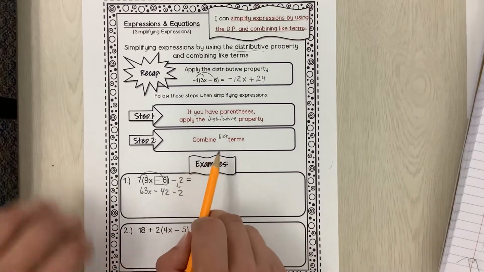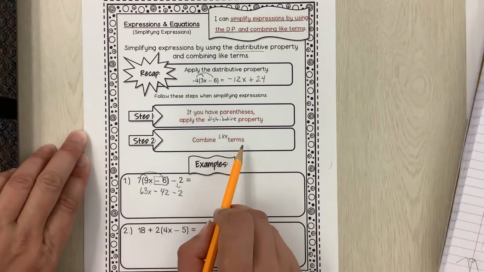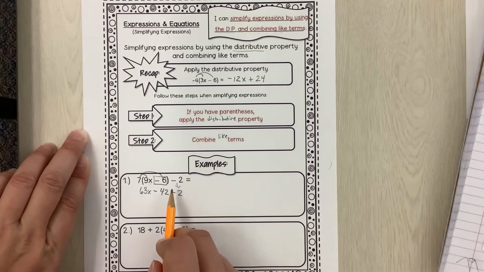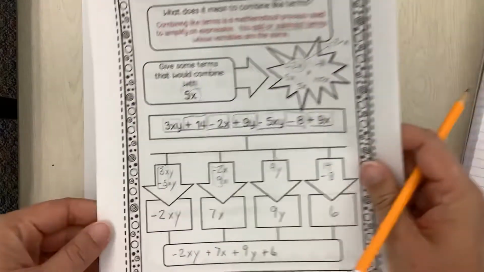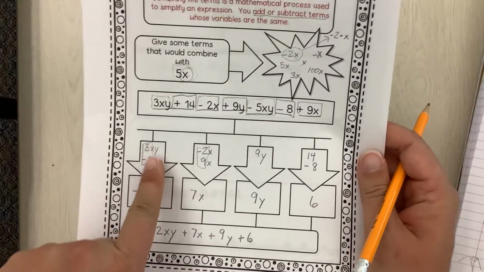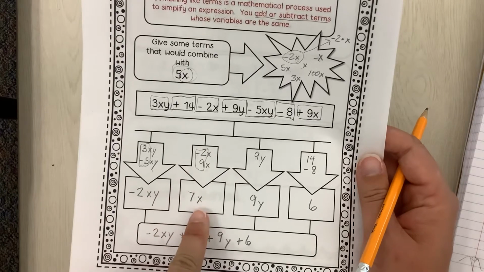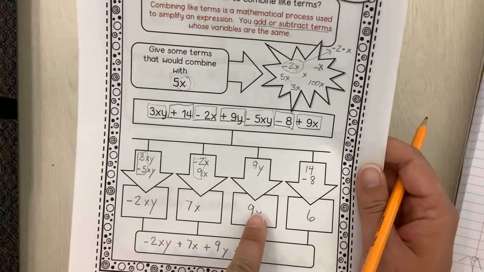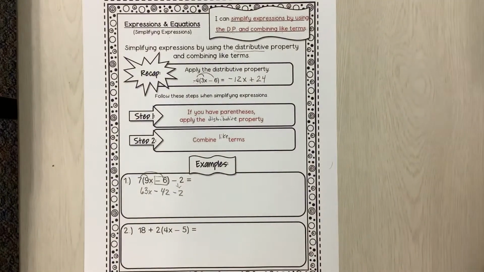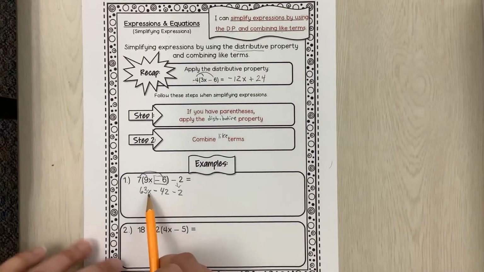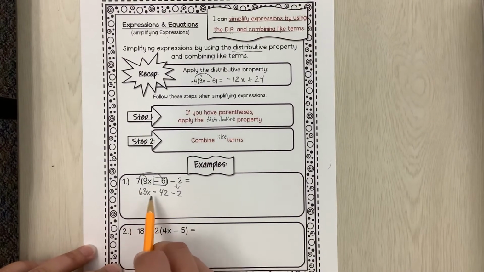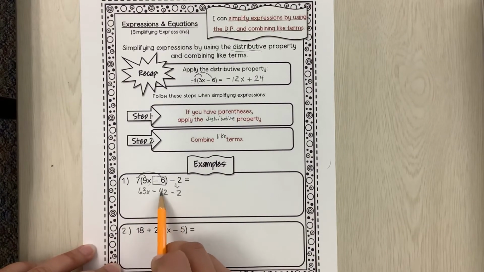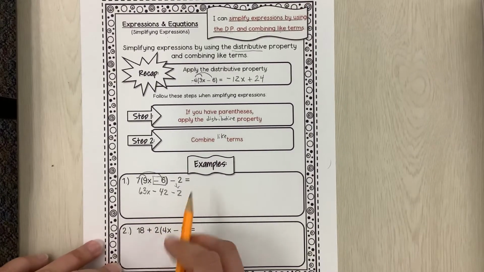Step 2 says to combine like terms. So we did this before where we had to take any variables that were the same and put them together. We combined them. So let's try that with this. I don't see any other x's anywhere, so that one's as combined as it can go. But I do see 2 numbers here with no variables.